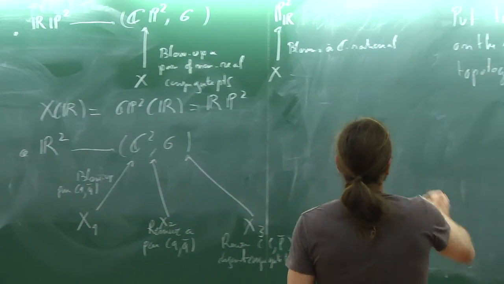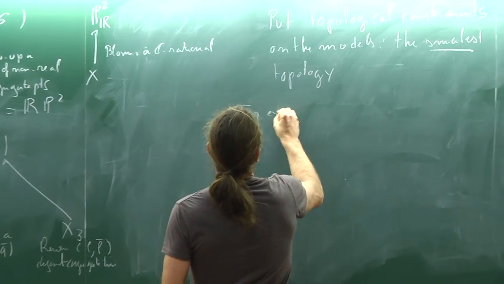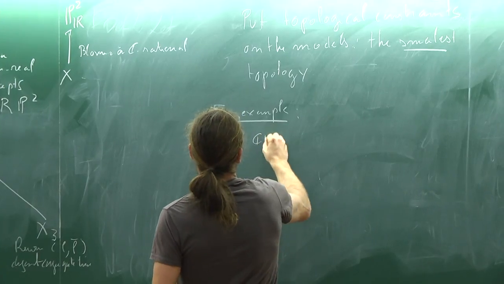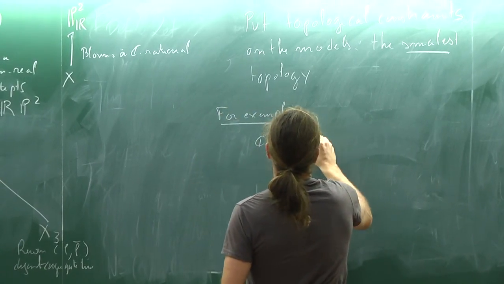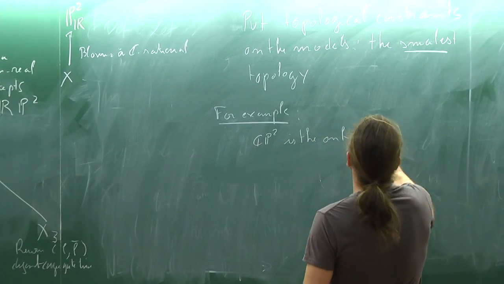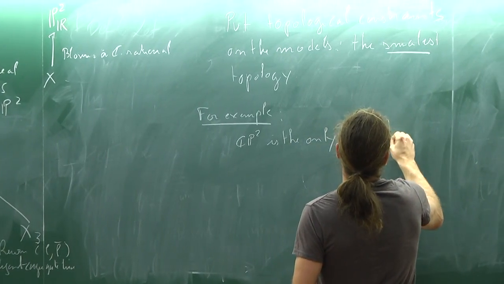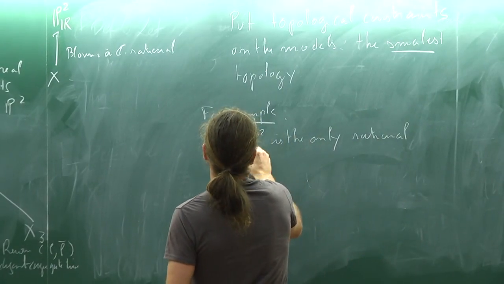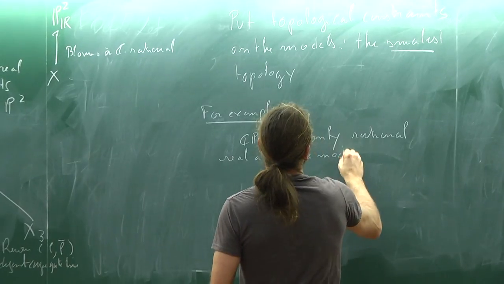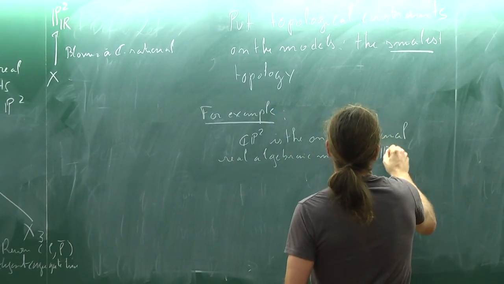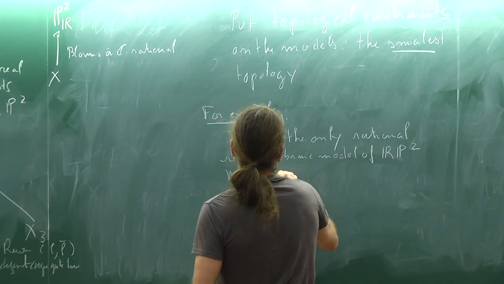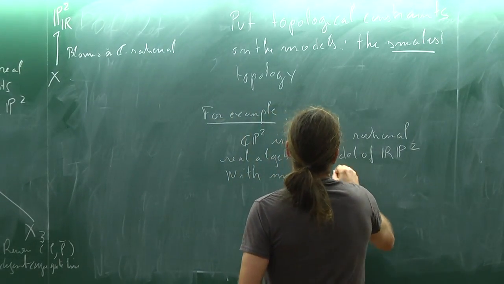And for example, CP2 is the only rational real algebraic model of RP2 with minimal H2.